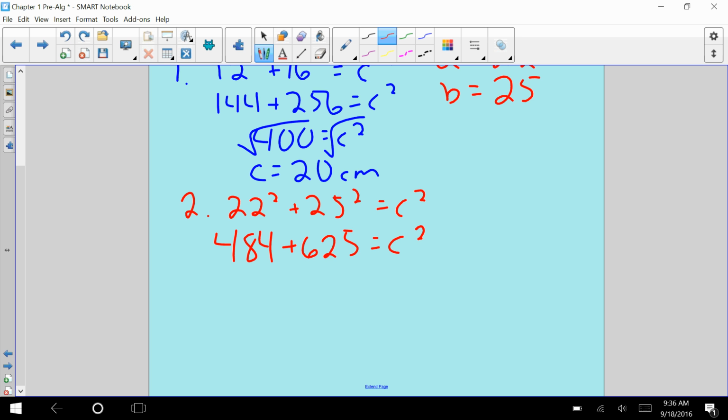That equals c squared. When I add those two together, I get 1,109 equals c squared. Square root both sides. So that c equals about 33 feet when I round to the nearest whole number.